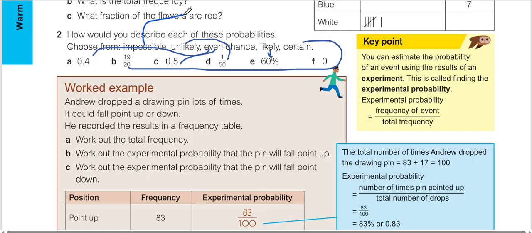And 0 is impossible. That's how we describe each of these probabilities. Is that clear? Yes.